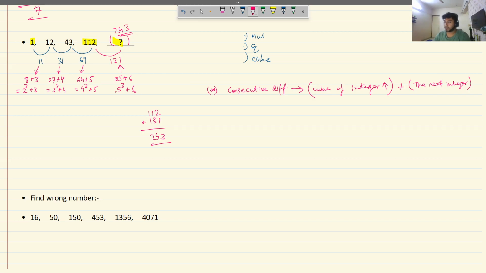So if 5 cube, then in addition we have 5 plus 1, 6, the next integer after 5. Here 4 was cubed and it was added with the next integer after 4, 5. That's what I mean. So this is my logic.